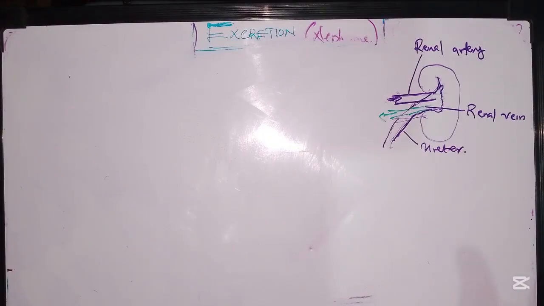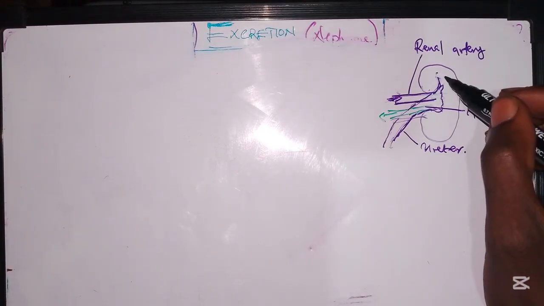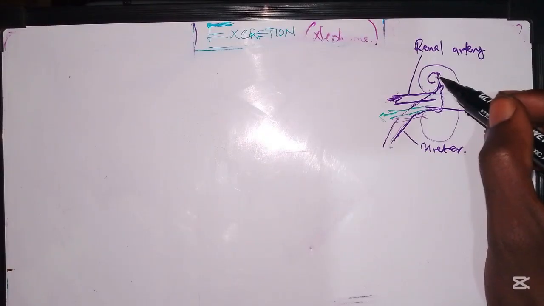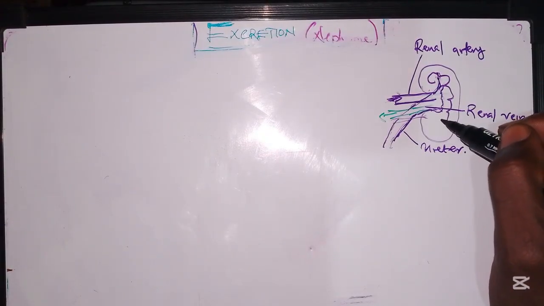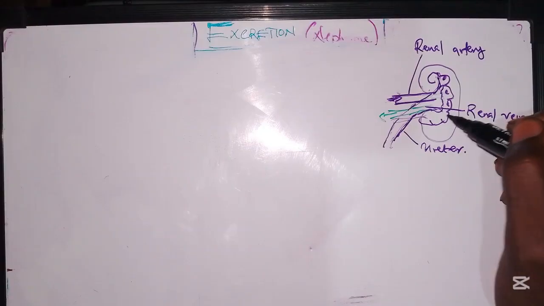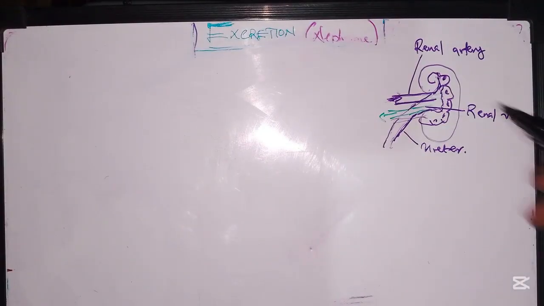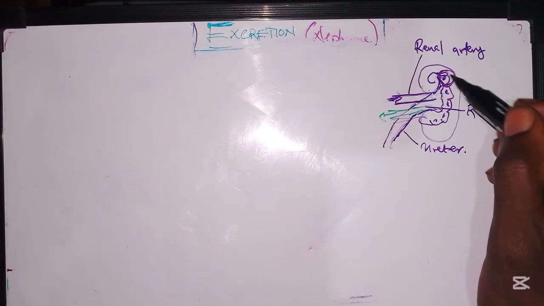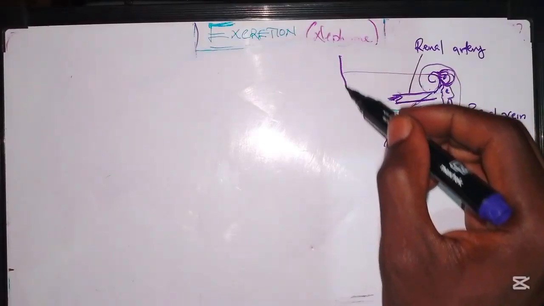In today's video, we are going to be looking at the functional unit of the kidney. The structure we are looking at today is inside the kidney. We have a lot of nephrons inside the kidney, so I'll just take one and zoom in.